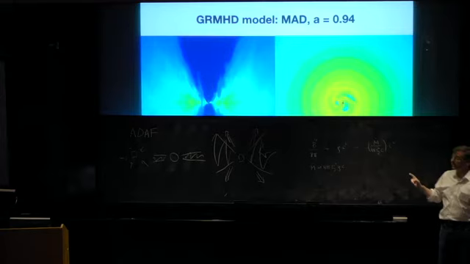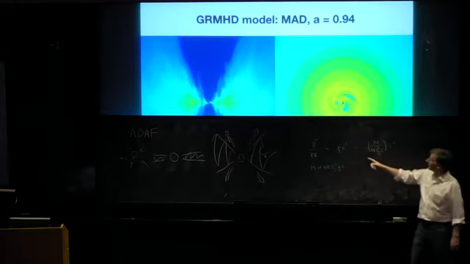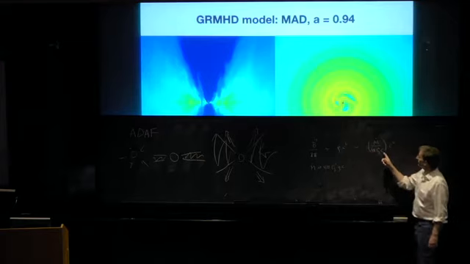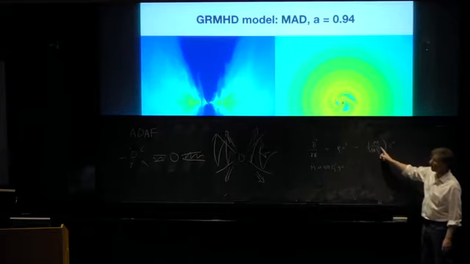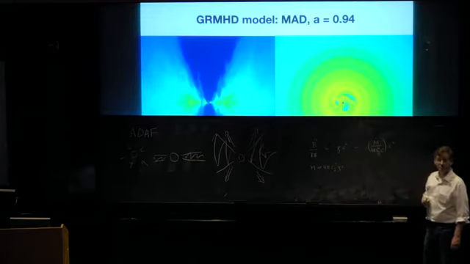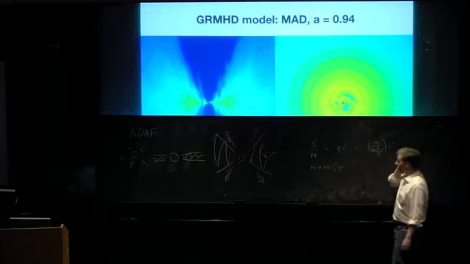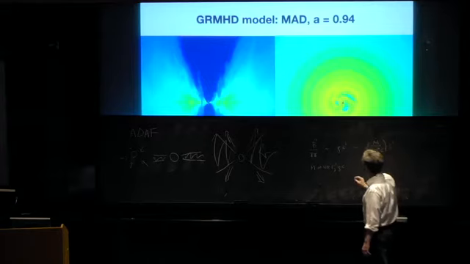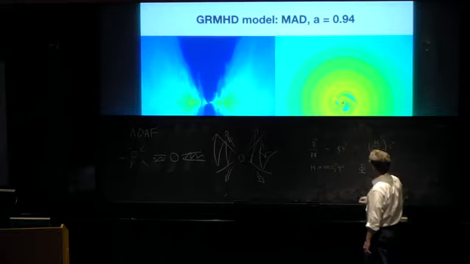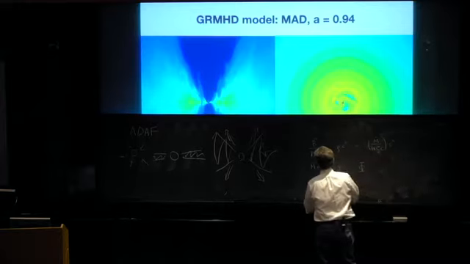Okay, so this lets me estimate the critical magnetic field strength in terms of the mass of the black hole, which is buried in this Rg, and m dot. Okay, so instead of casting this in terms of a magnetic field strength, I want to cast it in terms of the magnetic flux through the event horizon.